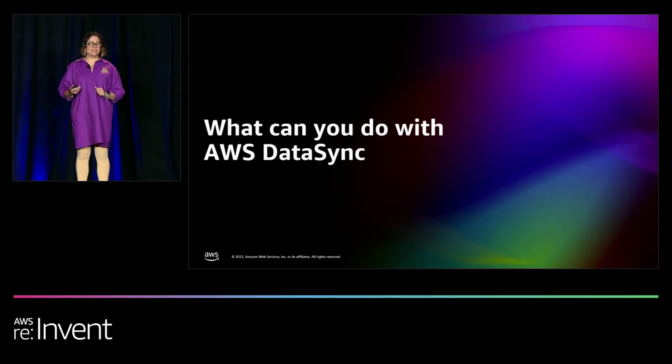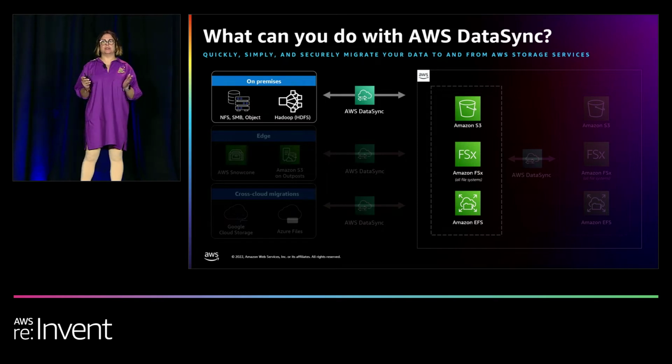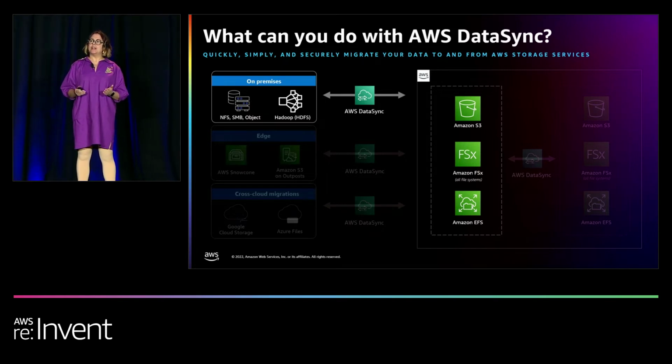And as Randy already explained, you can use AWS Data Sync in 4 main setups. And the first one, and the most obvious, is to use AWS Data Sync to migrate your data from your on-premises storage system to AWS.